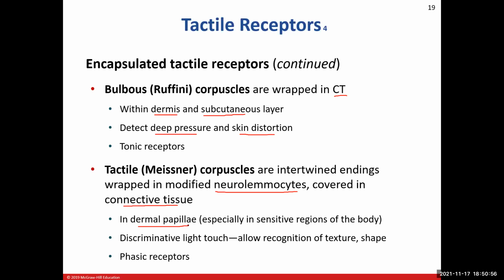And you remember the dermal papillae, those were those little bumps that we saw in the papillary layer of the dermis. They're going to be involved in discriminative light touch. So for example, how you're able to tell if something is smooth or rough or furry or slimy, it's the discriminative light touch, these tactile corpuscles that help to provide that information to you.